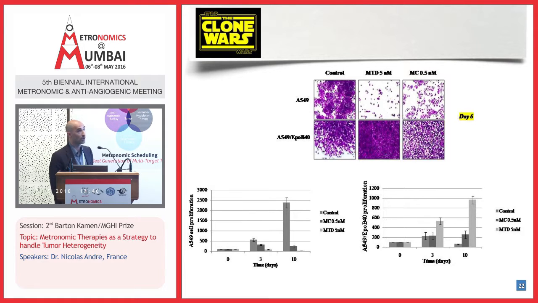If you use the high dose chemotherapy, then you kill all the sensitive cells, and you end up with a lot of resistant clones. And if you use the metronomic, you see that you decrease the number of sensitive cells and limit the proliferation of resistant ones. So clearly here again, even in the separated model, you still have a better result if you use the metronomic dosing.